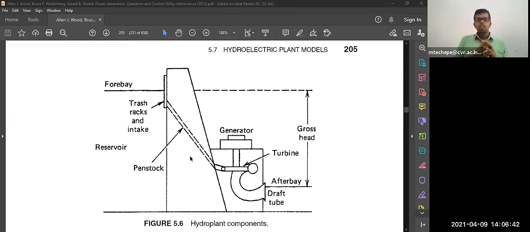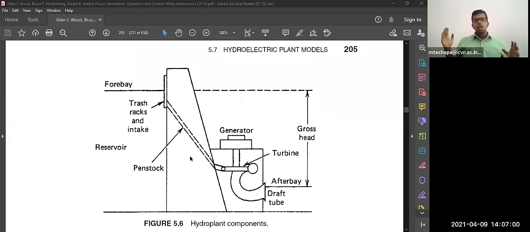If you want to construct a dam in the plains region, then the problem comes. You have to dig 120 feet, 150 feet depth for this many acres.